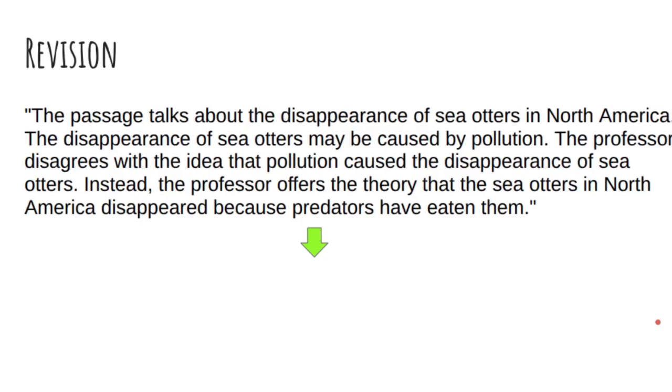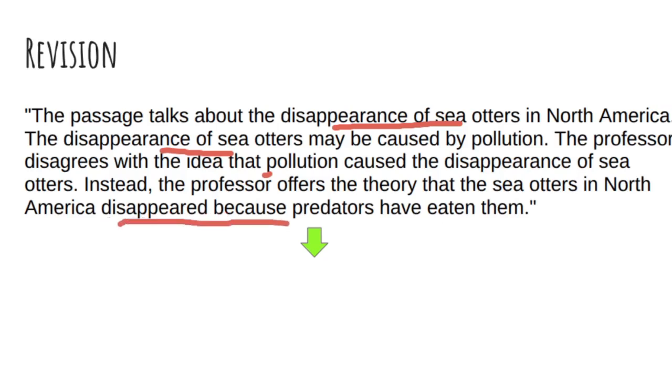Original, repetitive. The passage talks about the disappearance of sea otters in North America. The disappearance of sea otters may be caused by pollution. The professor in the lecture disagrees with the idea that pollution caused the disappearance of sea otters. Instead, the professor offers the theory that the sea otters in North America disappeared because predators have eaten them.